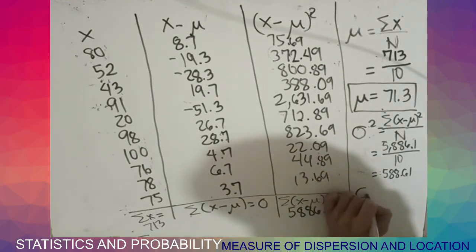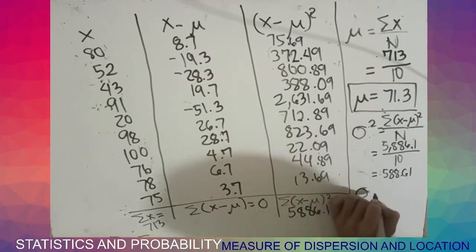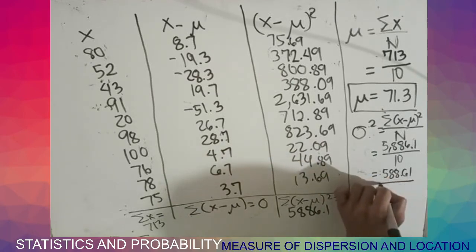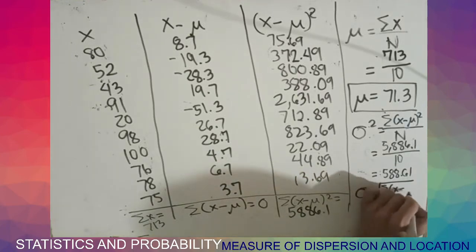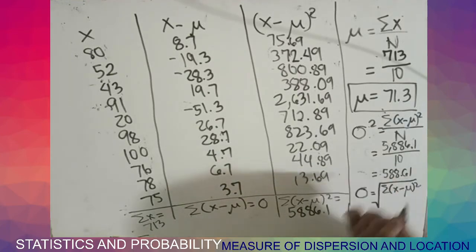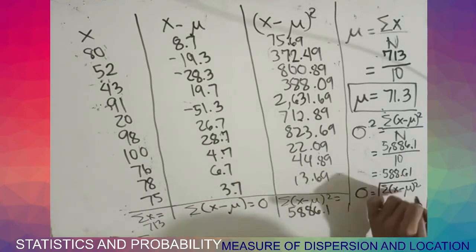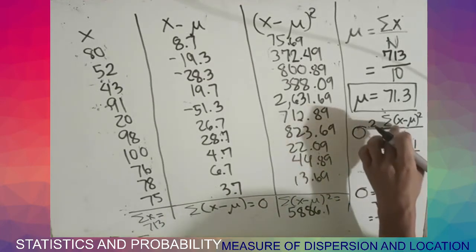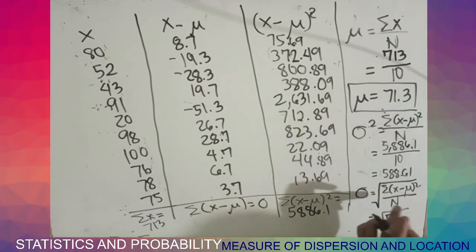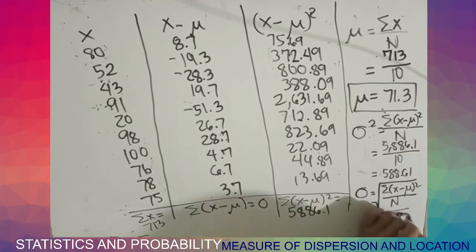Next. So, gagamitin natin yung formula kanina ng standard deviation for population. So, the square root of the summation of x minus mu squared over n. Then, substitute lang natin, square root na agad. Kasi parehas lang naman yung kaninang sinunod natin. Ang pinagkaiba lang talaga ay meron tayong square root. Okay, square root lang natin yung sagot.